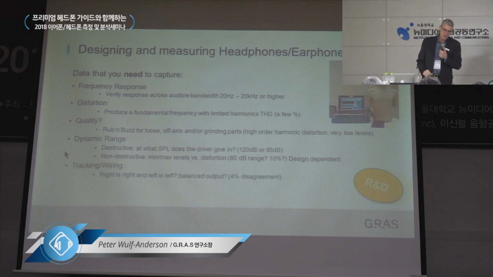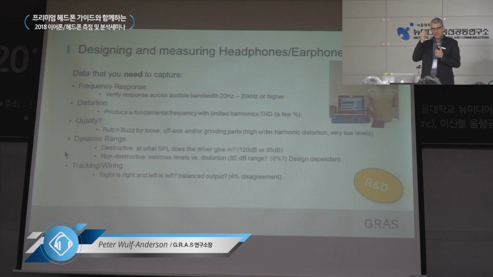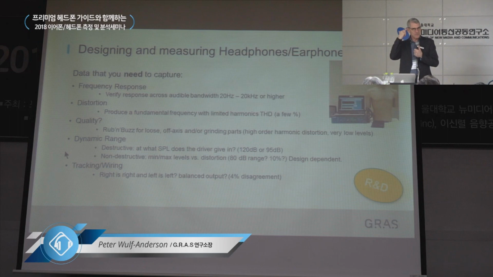Also what we call tracking and wiring, meaning is the right channel going to your right ear, meaning they are not reversed during production, and also that the balance between the two drivers, right and left, is kept at a reasonably close level, so the stereo perspective is not moving because of different sensitivity of the drivers.